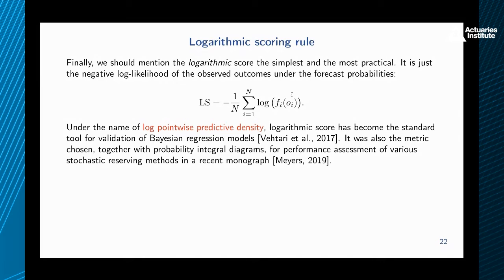This was also used in the recent study by Glenn Myers, where he looked at the fact that the North American Insurance Commission has released completed triangles for 200 companies and 5 or 6 lines of business. Glenn Myers ran a range of stochastic reserving methods on the data and saw whether the predictions that came out actually matched the bottom part of the triangle that he also had, and he could do it across over 1,000 triangles.